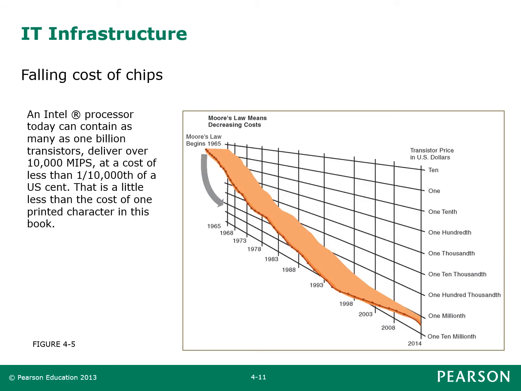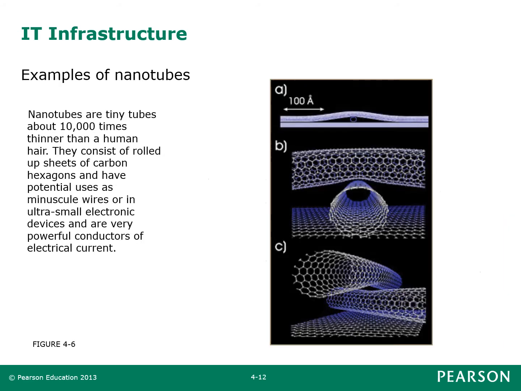The same for this slide, to demonstrate that computers become cheaper with time. So every organization can afford it nowadays. That's all. That is the falling cost of chips, for example, as a factor to promote IT infrastructure and using them.